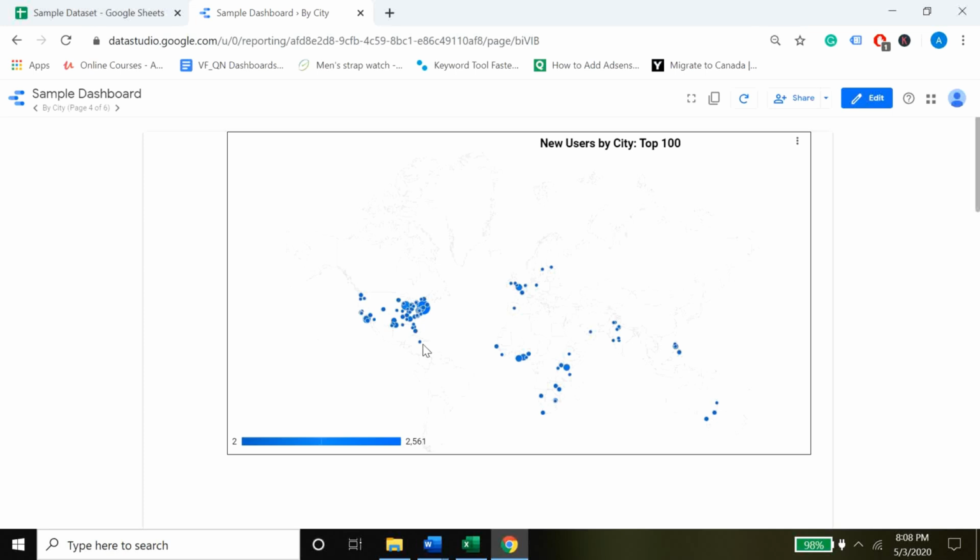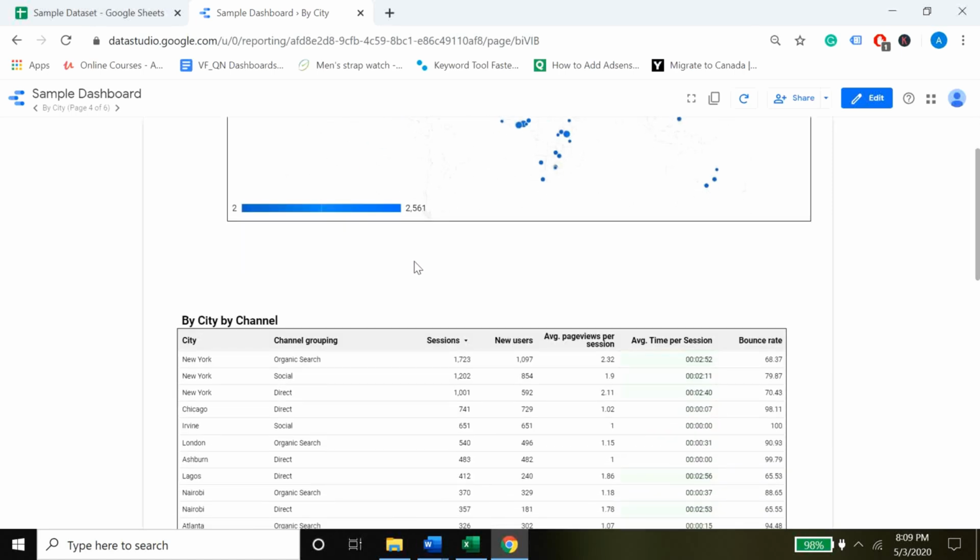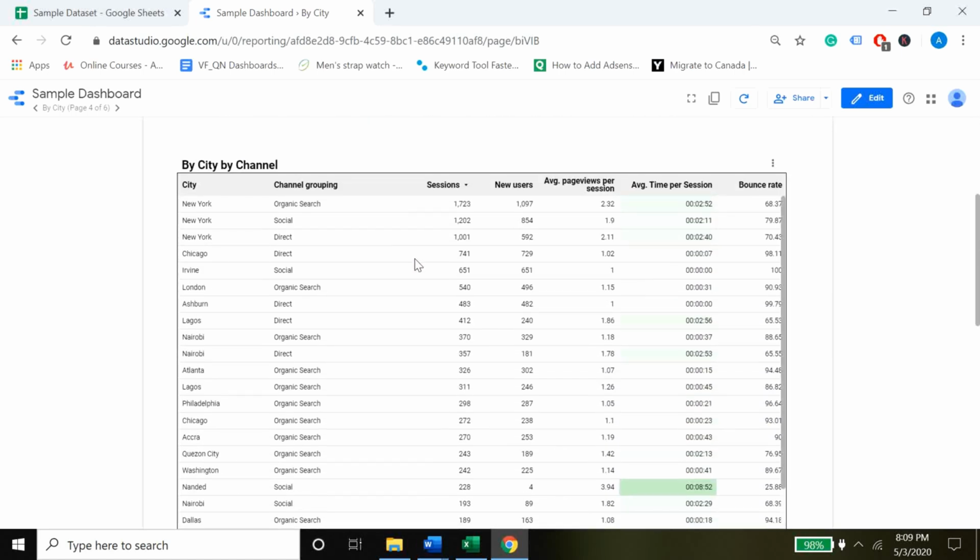The only thing I want to highlight is that the size of the dot tells us how many sessions came from there. The bigger the dot, the more the sessions; the smaller the dot, the fewer the sessions. In this case, our top session driver was New York City. This is again an insight which we didn't know until we visualized the data.